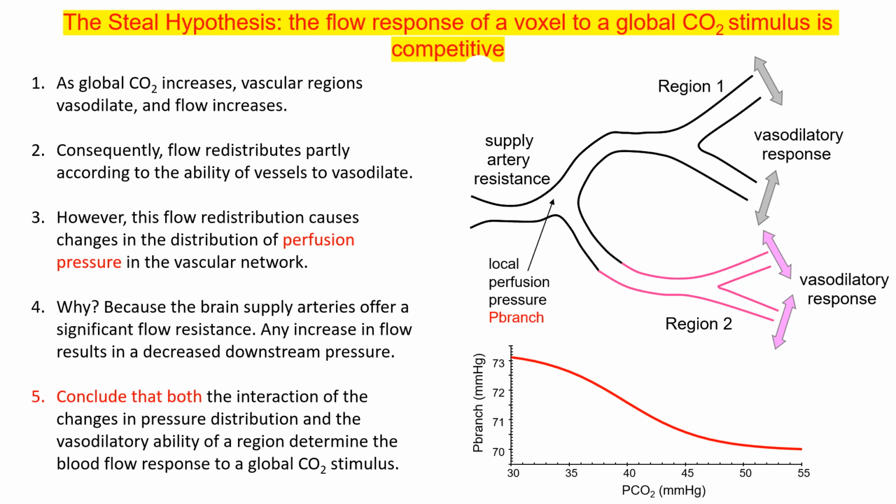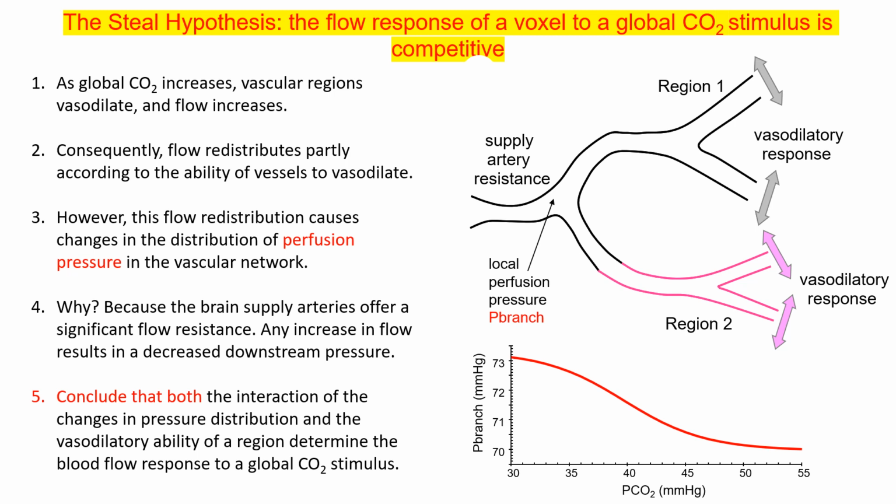Recall, too, that the supply arteries to the brain have substantial resistance to flow. So as global carbon dioxide increases, vascular regions vasodilate and flow overall increases. Consequently, flow redistributes, partly according to the ability of the vessels to vasodilate in a region.